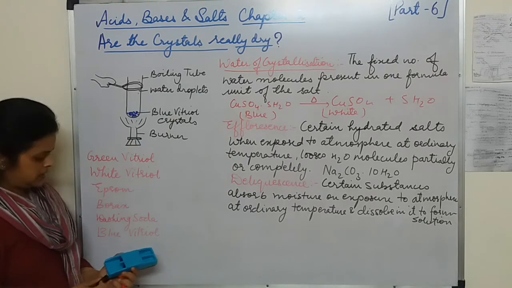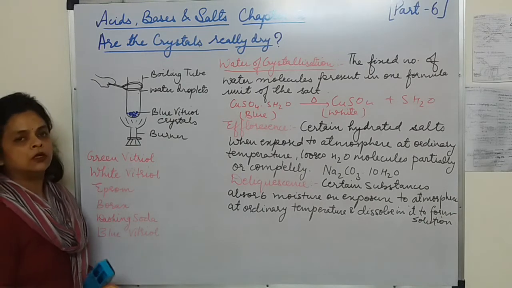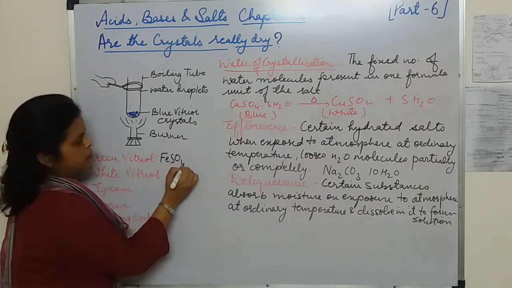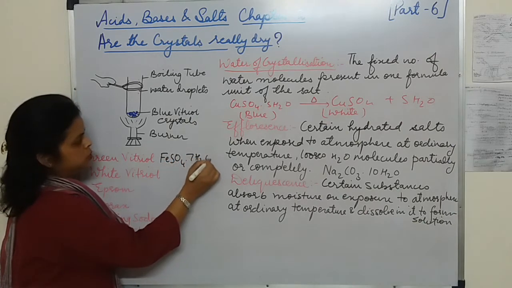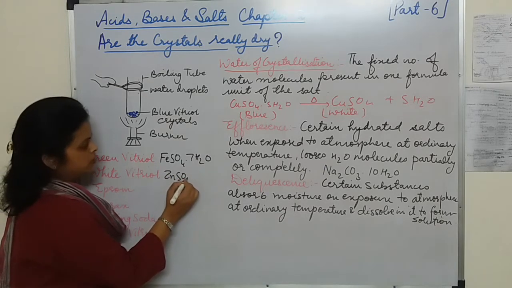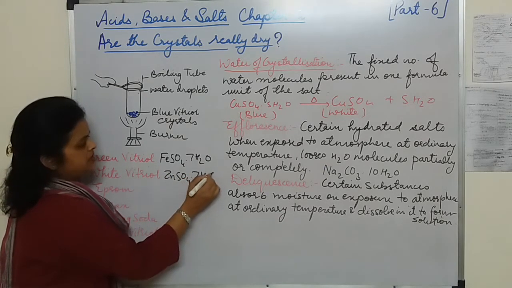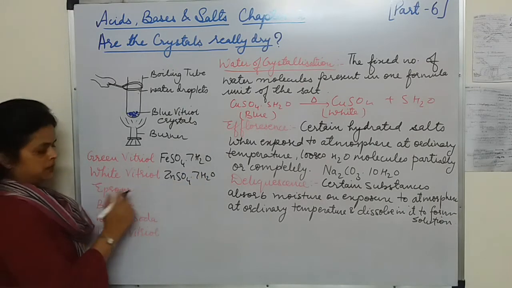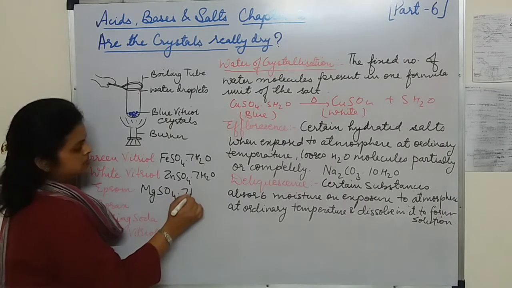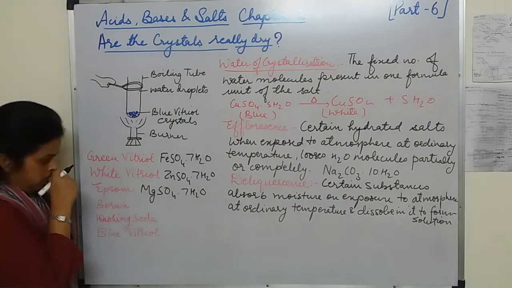Let's see this example. Green vitriol. What is the formula of green vitriol? FeSO4.7H2O. White vitriol is ZnSO4.7H2O. Epsom salt is magnesium sulfate, MgSO4.7H2O.